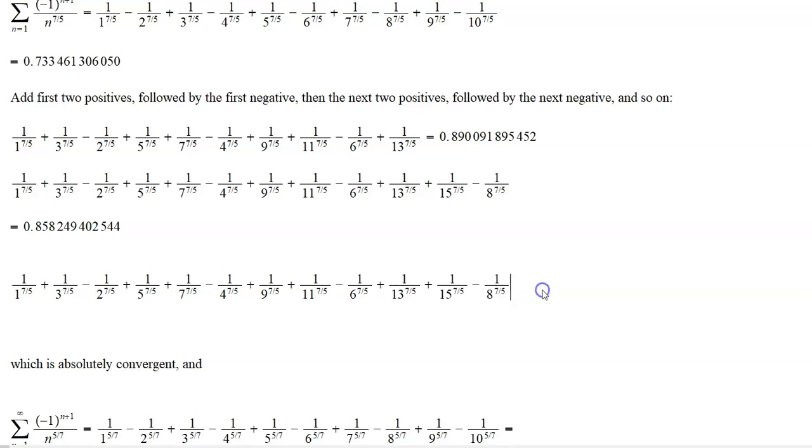So after 15, we need 17 and 19. And after 8, the next guy is 10. Okay, what are we going to get? 0.8535. Ooh, smaller.